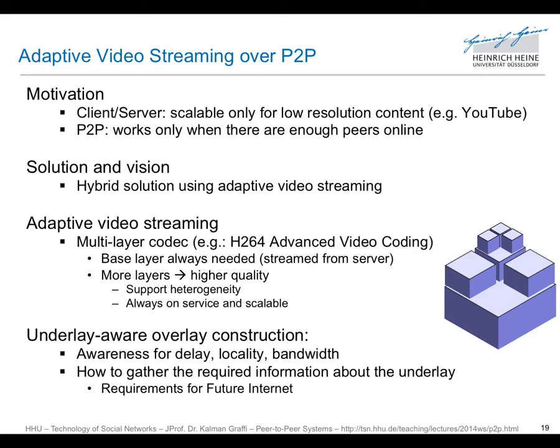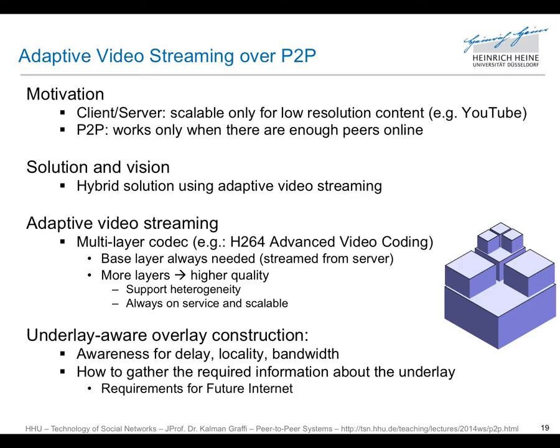It's a little bit abstract, so what can you think about? There are some video codecs like H.264 advanced video coding, which allow a layered video stream or layered data structure where you can modularly build the quality of your video stream.